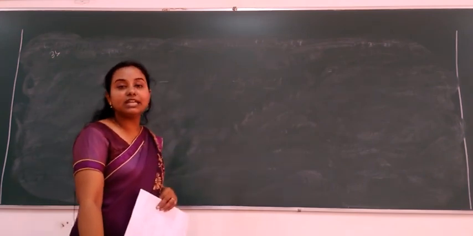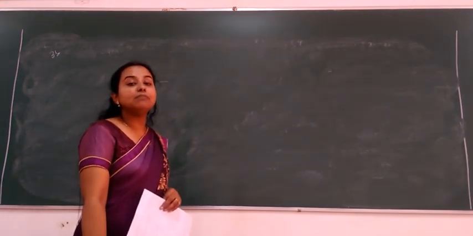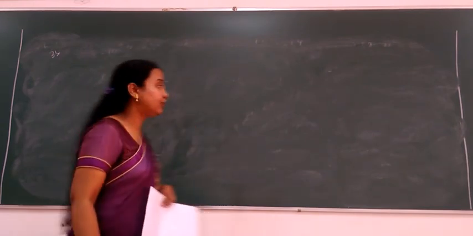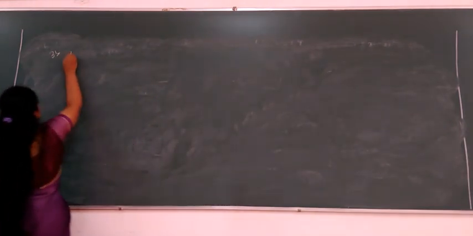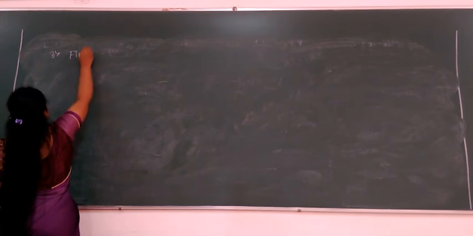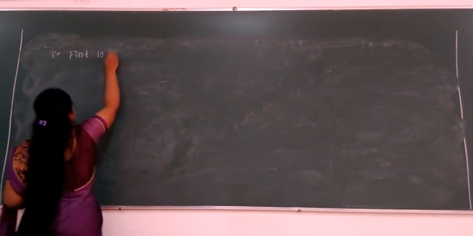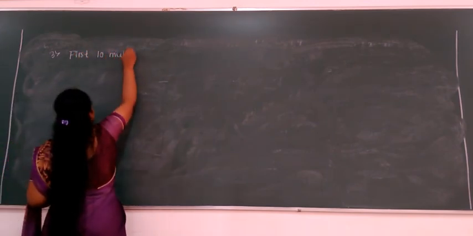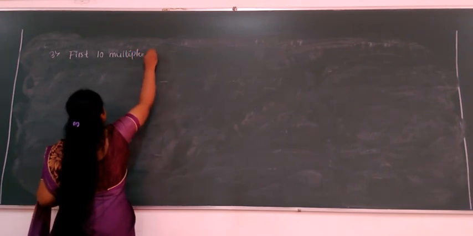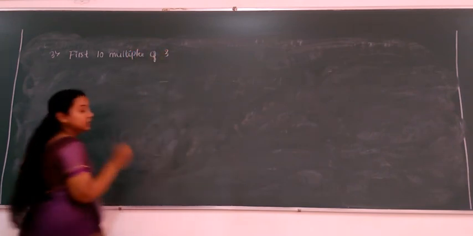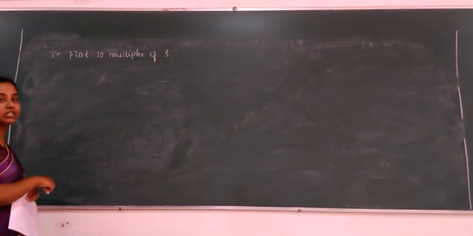Find the mean and variance for first 10 multiples of 3. So first let us write what are those first 10 multiples of 3. For those 10 observations, you need to calculate the mean and variance.